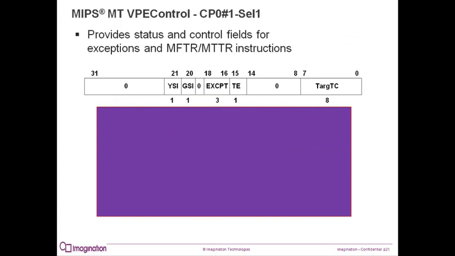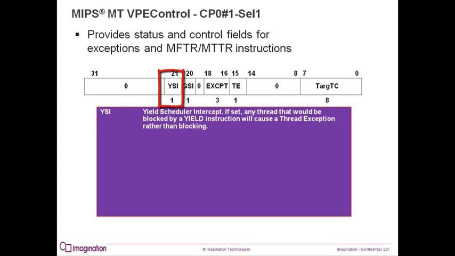The VPE control register controls the behavior of some of the actions that can cause exceptions instead of blocking. The yield scheduler intercept bit controls how the processor will behave when a thread would be blocked as the result of a yield instruction. If set, any thread that would be blocked by a yield instruction would cause a yield scheduler exception.